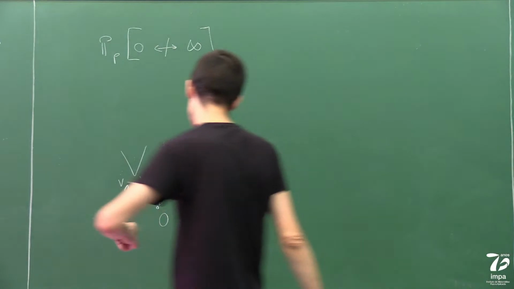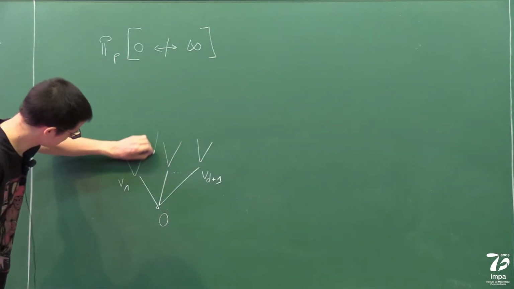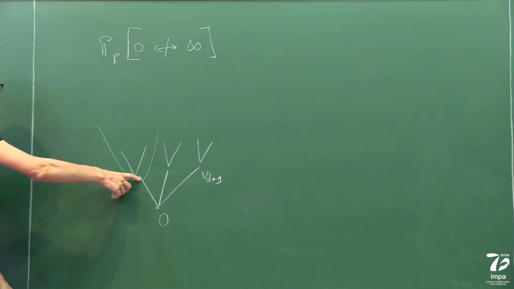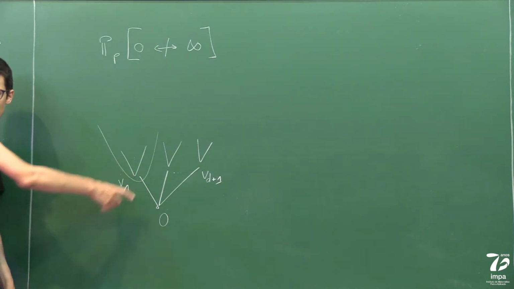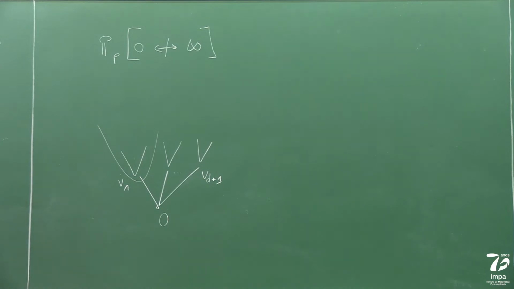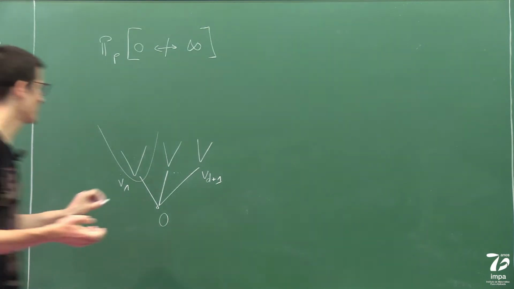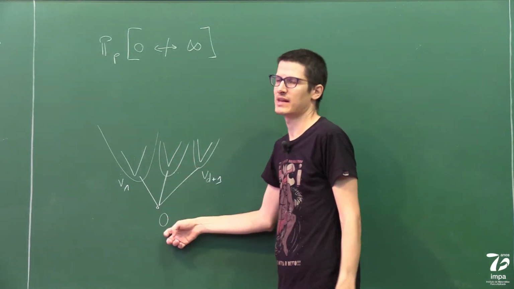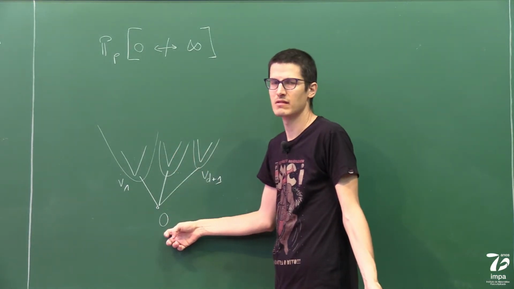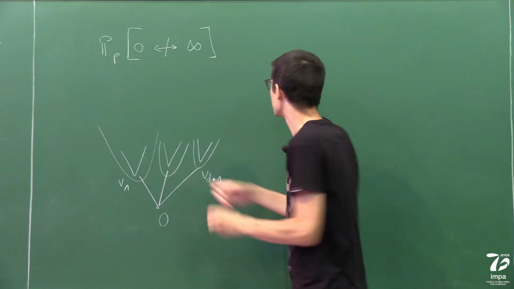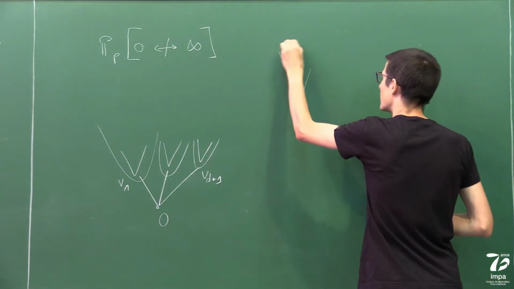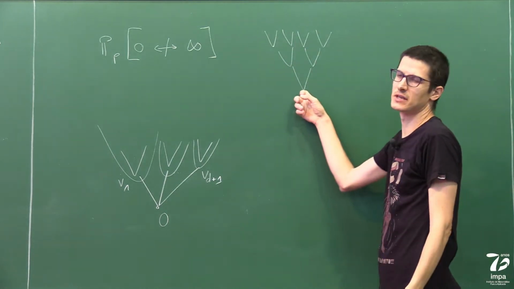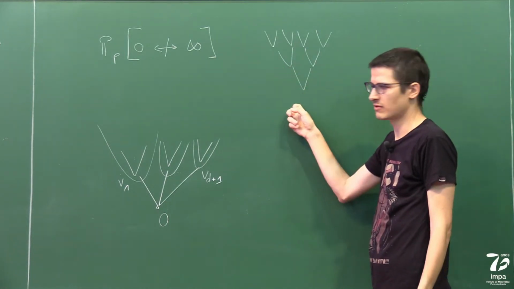And then actually, if I look at these vertices, I can see them as a root of another tree. So somehow there is a recursive structure underlying there. The problem is that this tree is not exactly the same tree as the one I have at the beginning, because the difference is that this tree is something like this. So the root has degree 2. And the rest has degree 3, but the root has degree 2.